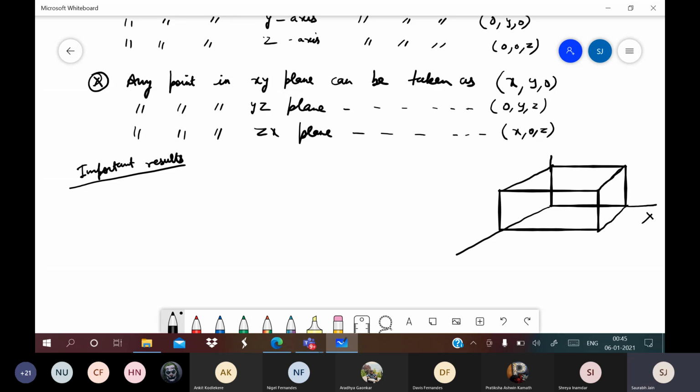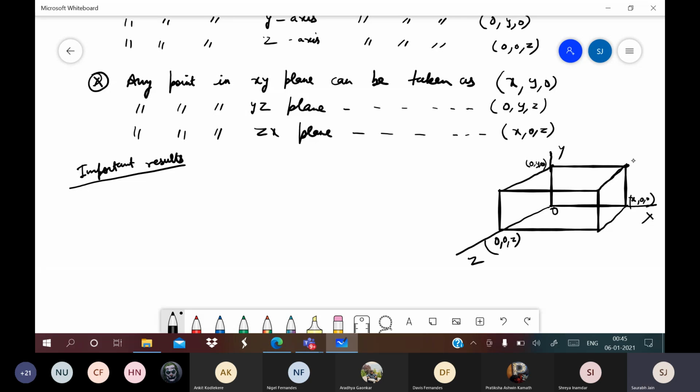This is x, this is y, this is z, this is origin. Then we marked all the points. If you remember, see, this is x, 0, 0. This is 0, y, 0. This is 0, 0, z.